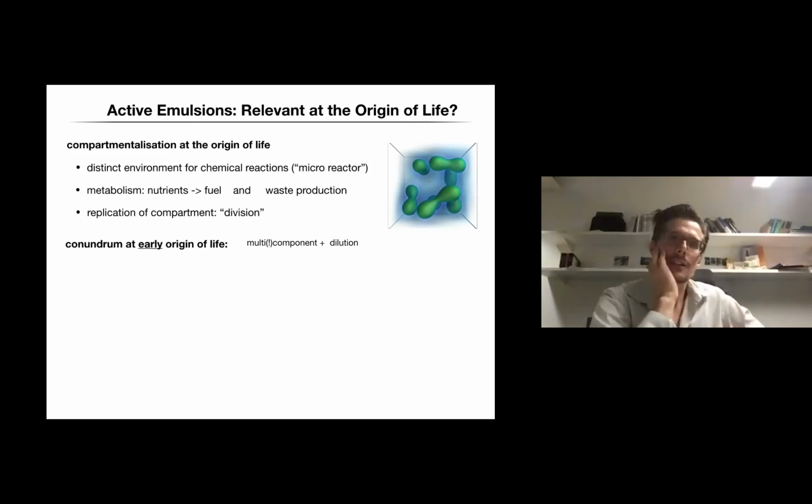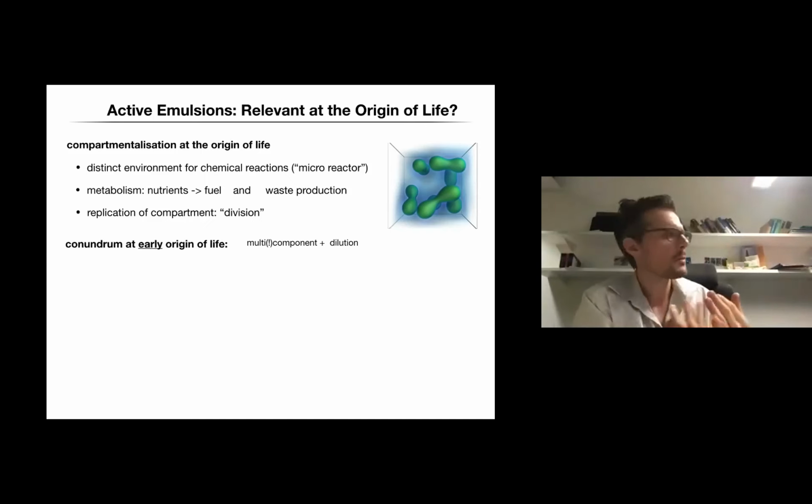Then there's another question in this field that's also associated with phase separation, but I glimpse over it very quickly and come back to it at the end of my talk. There's a big conundrum in the field, and it's related to this very early origin of life, where the Earth has relaxed a little bit, and you have only a primordial mixture composed of DNA, RNA, and proteins, so small chain peptides.